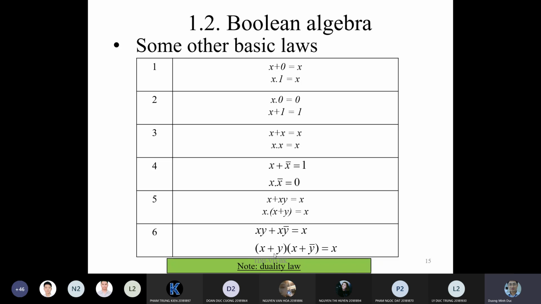And this one: (x plus y) multiply (x plus y bar) equals x. Okay, so these are other basic laws, and I want you to prove the fifth and the sixth law. Okay, homework 2. This is simple.